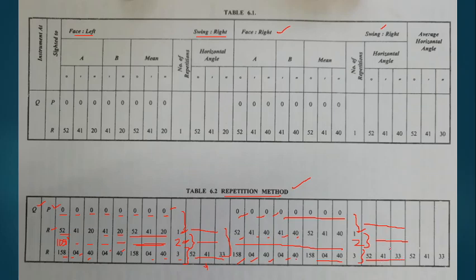Like this, we'll get 3 horizontal angles, and the average of these 3 will be one horizontal angle with face right also. Then the average of these two, face left as well as face right readings, will be the final horizontal angle. And you can see here 52 degrees, 41 minutes, and 33 seconds.